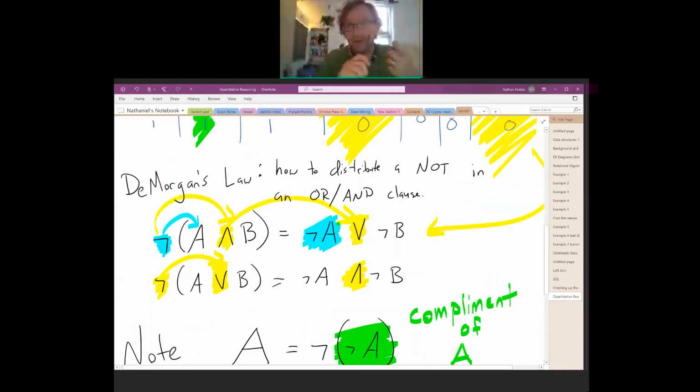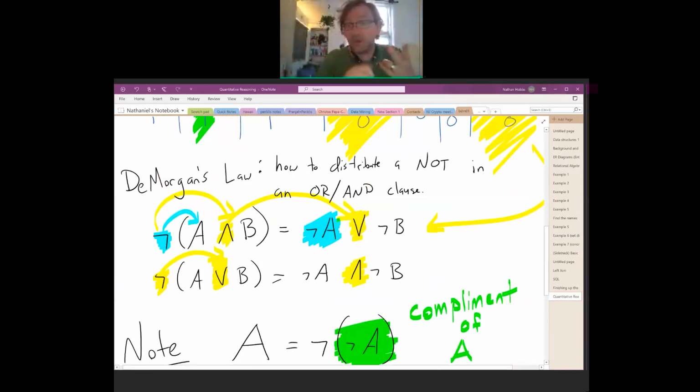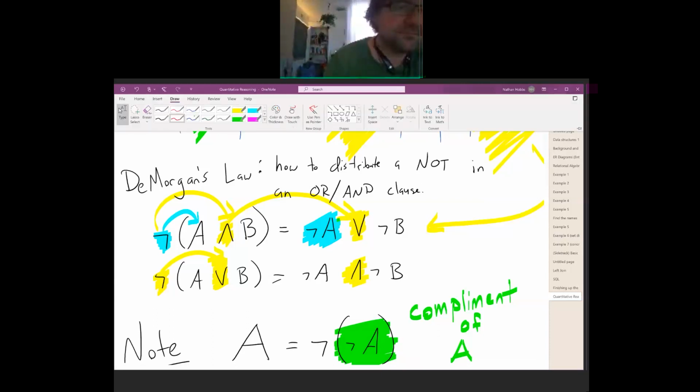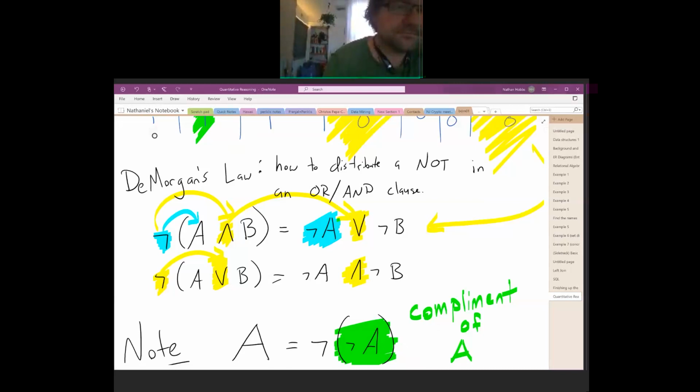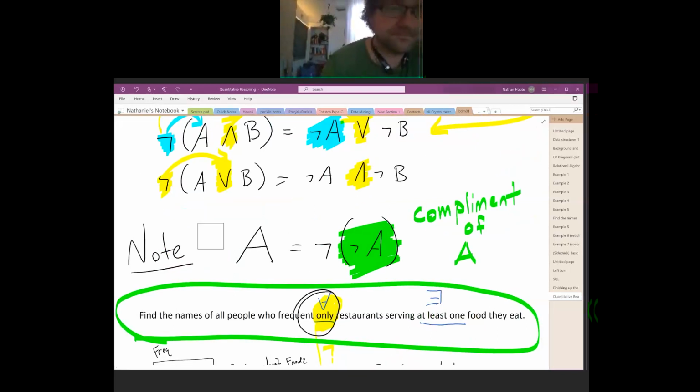So De Morgan's law shows how you distribute a not on truth variables and operations. Quantifiers are something different, and it's pretty easy. I'll just write it, I think.